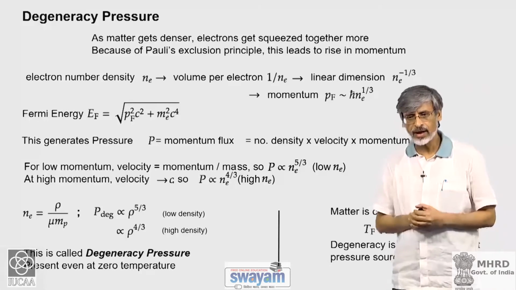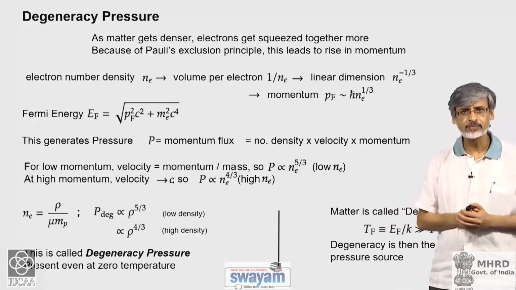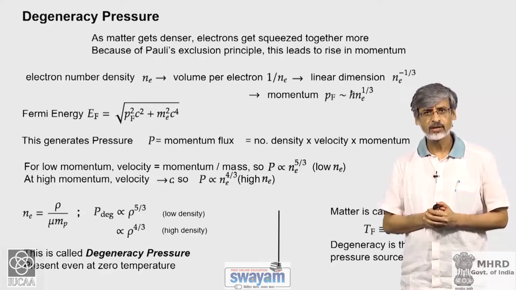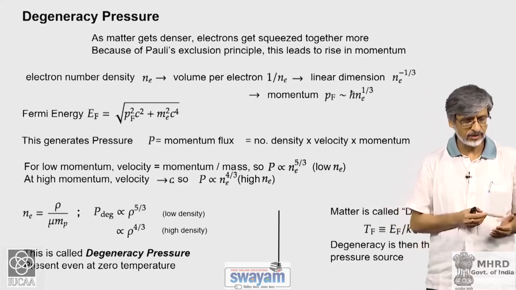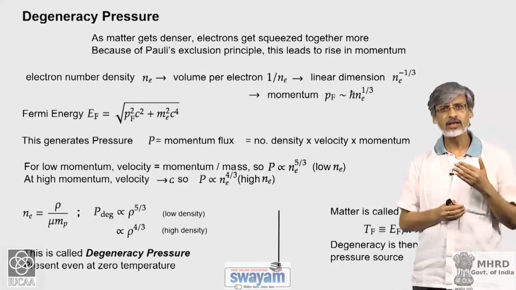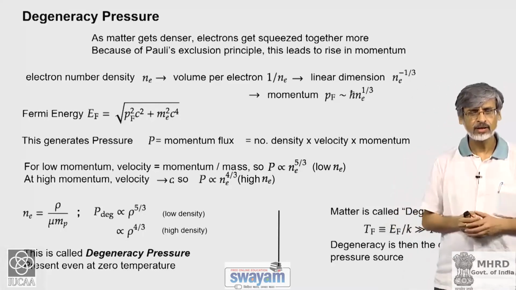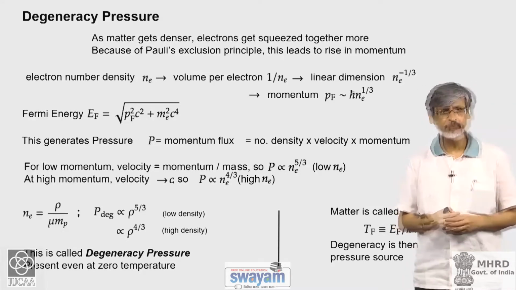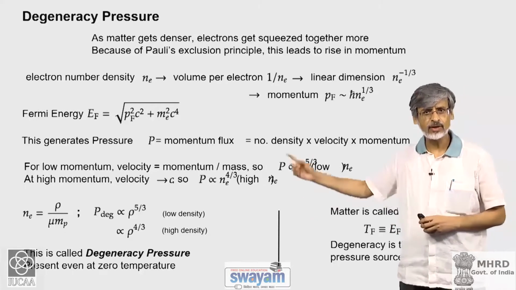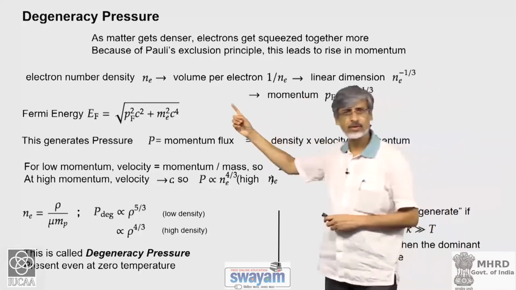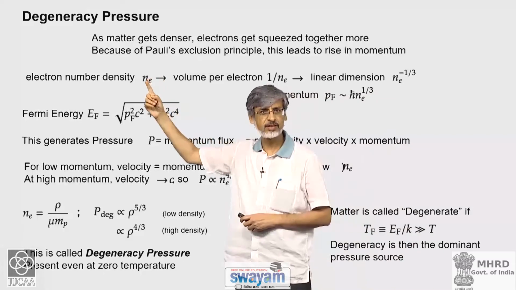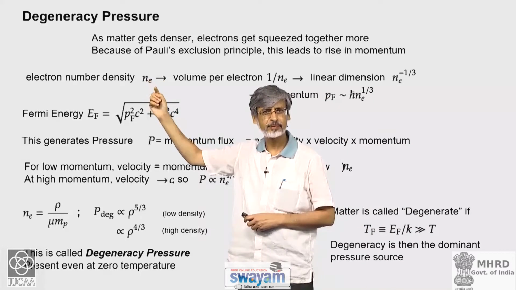So, as you try to squeeze electrons together, it leads to a rise in their momentum. A rough estimate can be made in the following way. Let us consider the electron number density, which we write as n sub e.